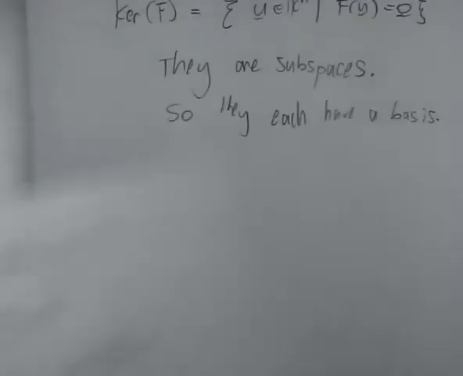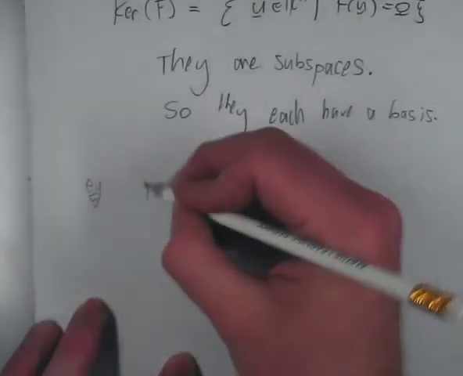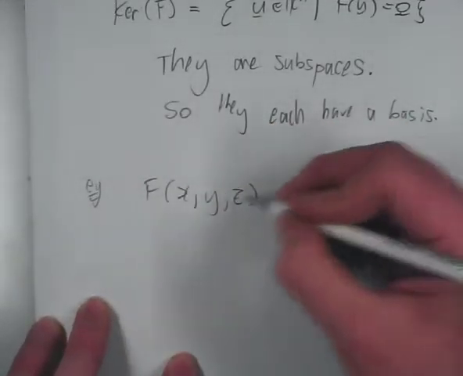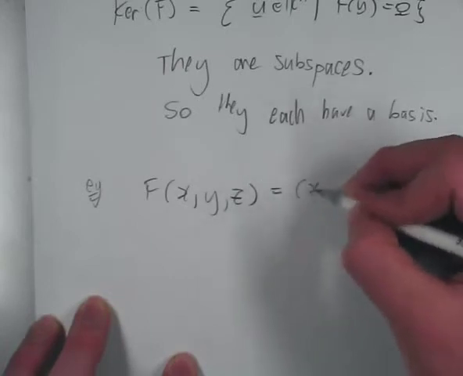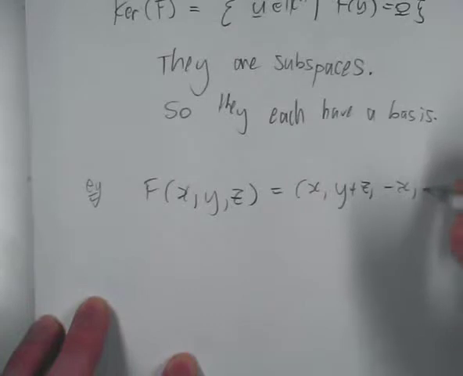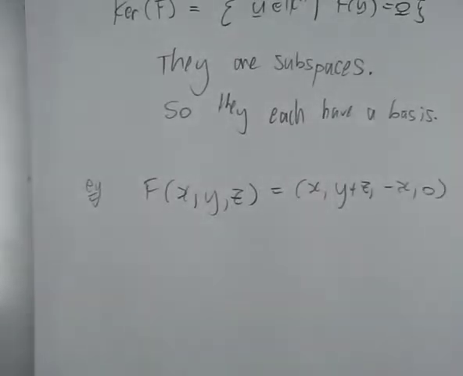So as an example, f of x, y, z, I'm going from R3 this time, and I'm ending up in R4. You can go from a small space to a bigger space.